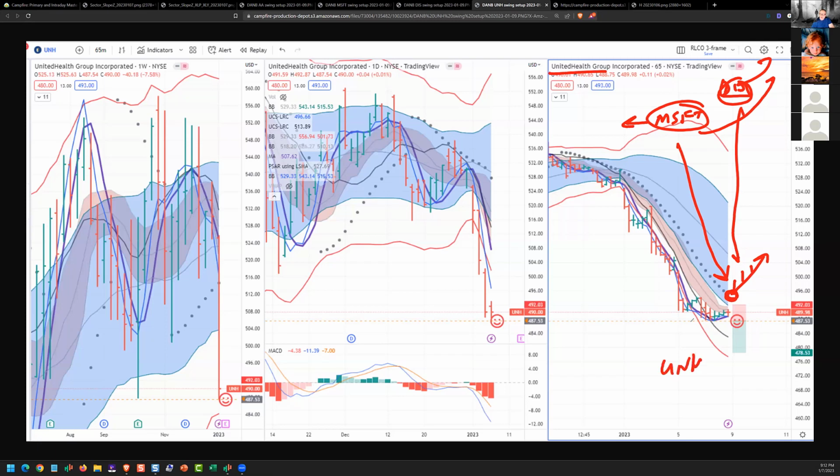United Health is just completing the consolidation and establishment of support in a very tight range compression. And then if that were to fail further, there is no way that you would be surprised that there's more selling involved. Because even when you come back over here to the weekly, it's already fallen off the table. And look out below. So you don't have to persuade me that there's more pain and suffering in United Health.